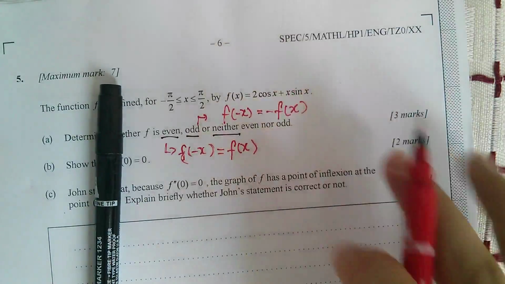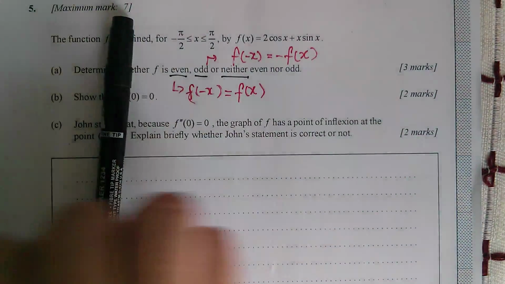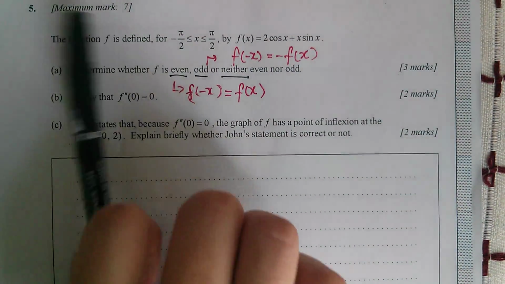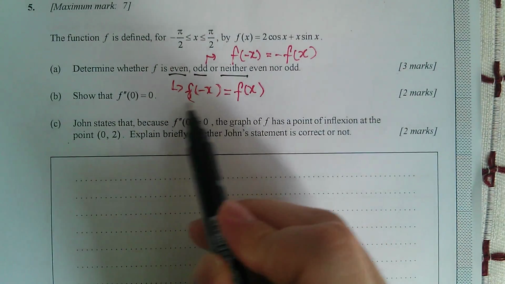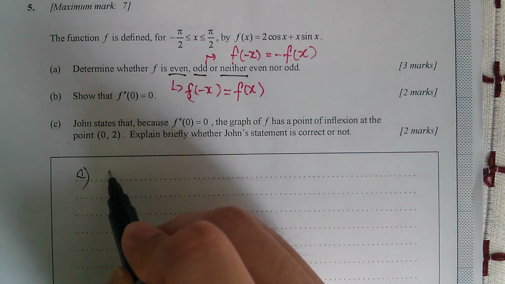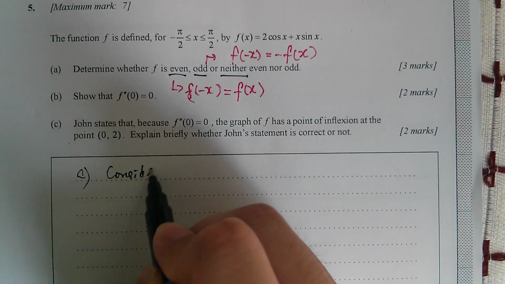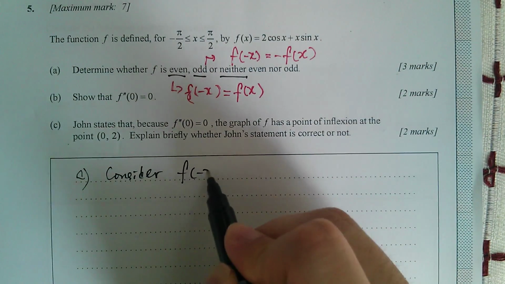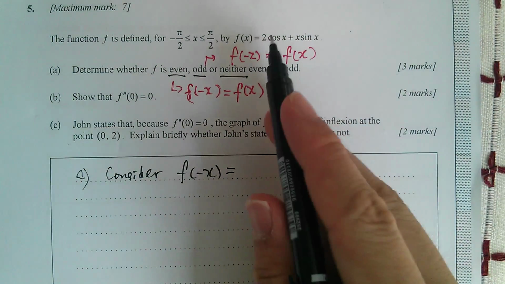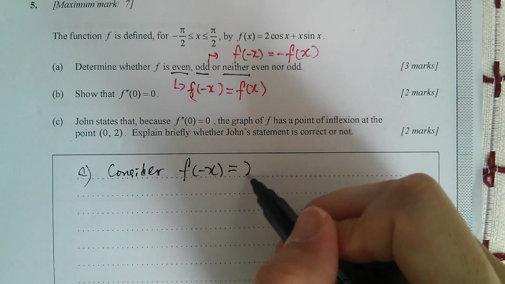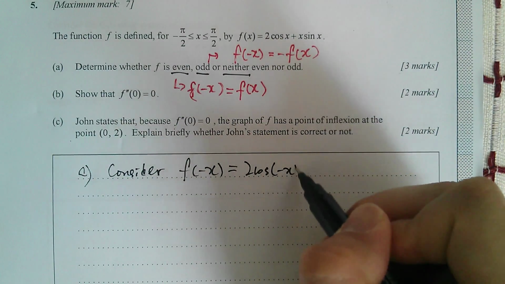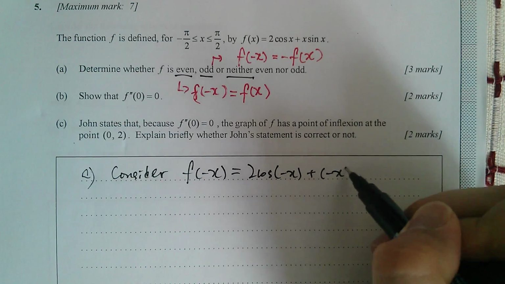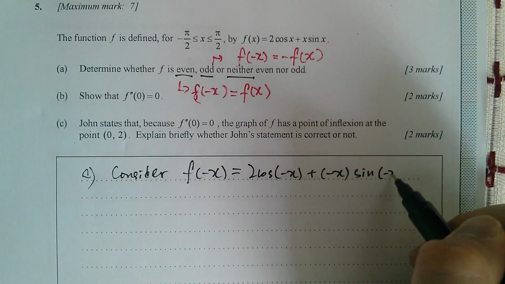Alright, is that clear? So how do you determine if a function is even or odd or neither? You just consider f of negative x. So that's part A. We consider f of negative x. This is f of x, so we do cosine of negative x plus negative x sine of negative x.